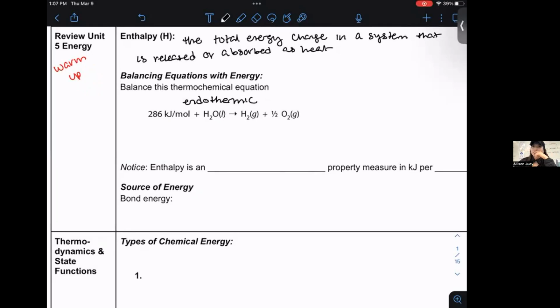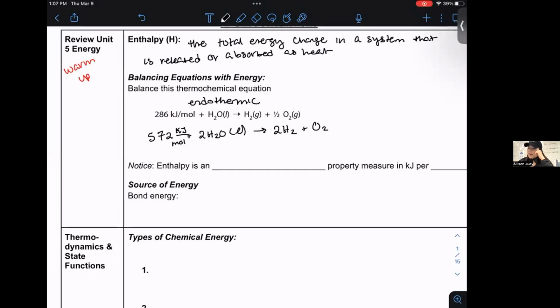The 2H2O turns into 2H2 plus O2, and then you double the energy. So what's the double of 286? 572 kilojoules per mole.